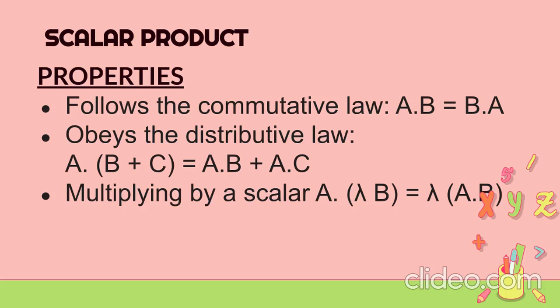Interestingly, when we multiply a vector by a real number lambda, it would allow us to do a multiplication like this: a dot lambda b will be equal to lambda times a dot b, where lambda is the real number.